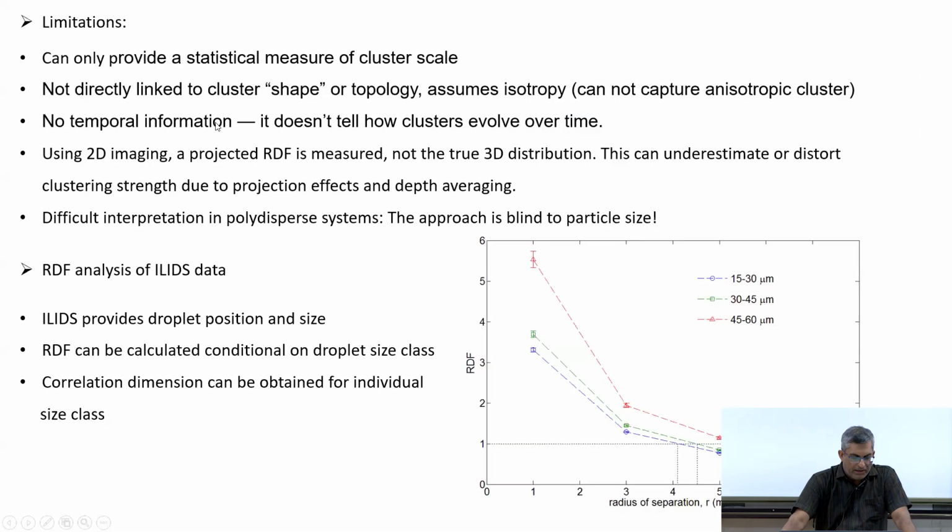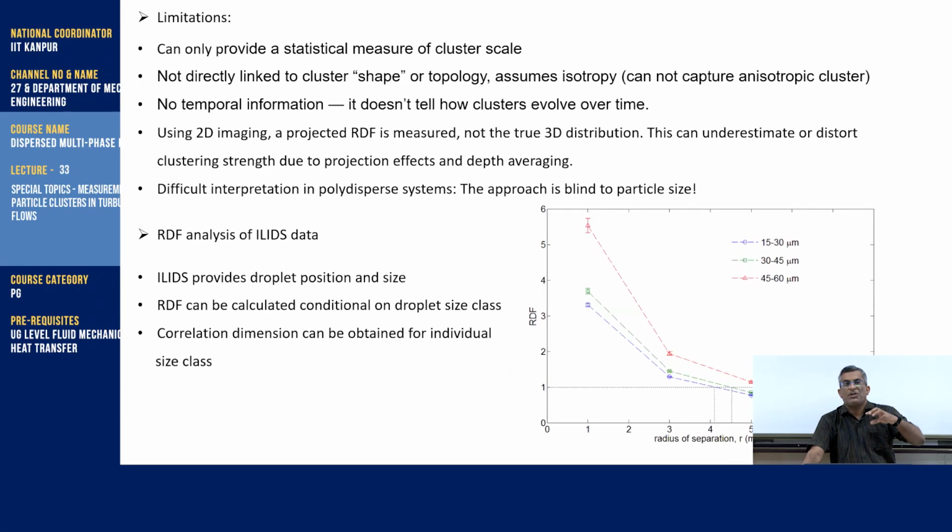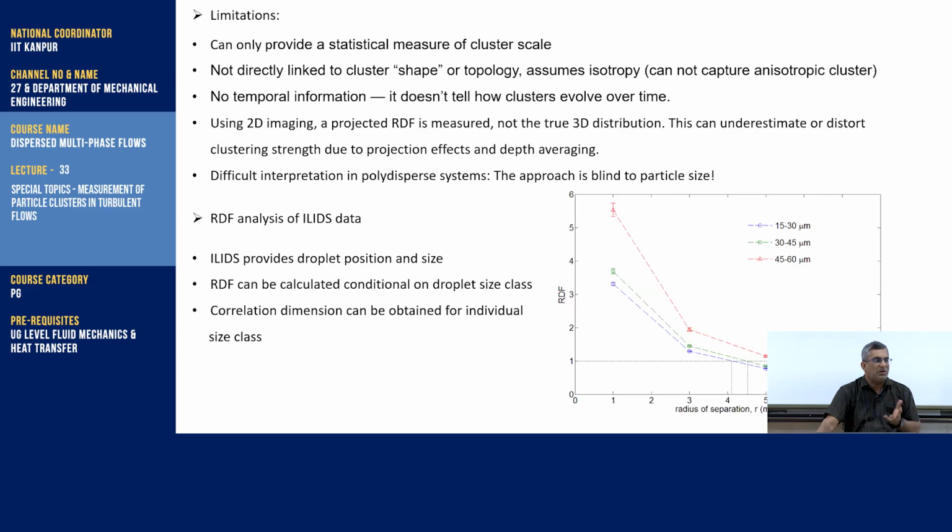Now, there are limitations in this approach too. Like the D parameter, in this case also it can only provide a statistical measure of cluster size. We may have clusters of different sizes, we do not know, but what we measure here is an average size.